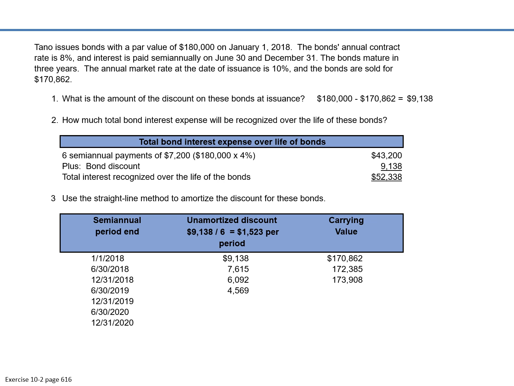So every time we're subtracting 1,523 from the unamortized discount column, and we're adding it to the carrying value column. Okay? And so when we get to the end, we have no unamortized discount left, and we have a carrying value of $180,000, which is equal to par.